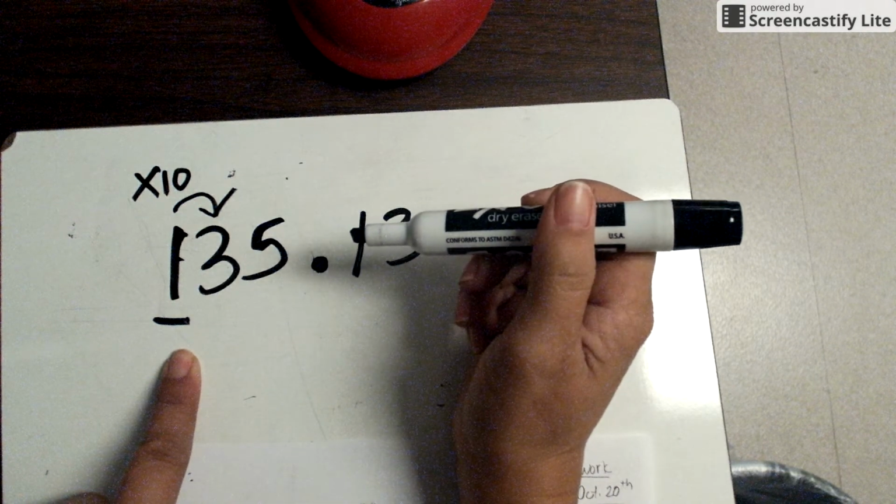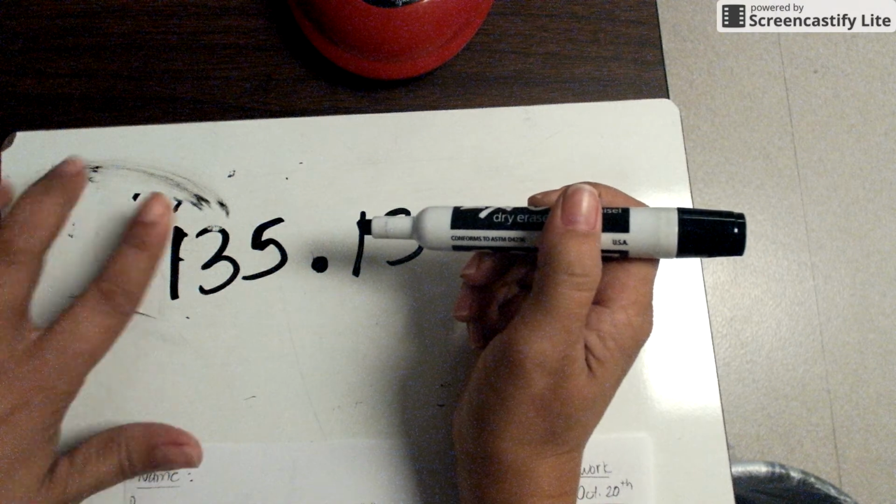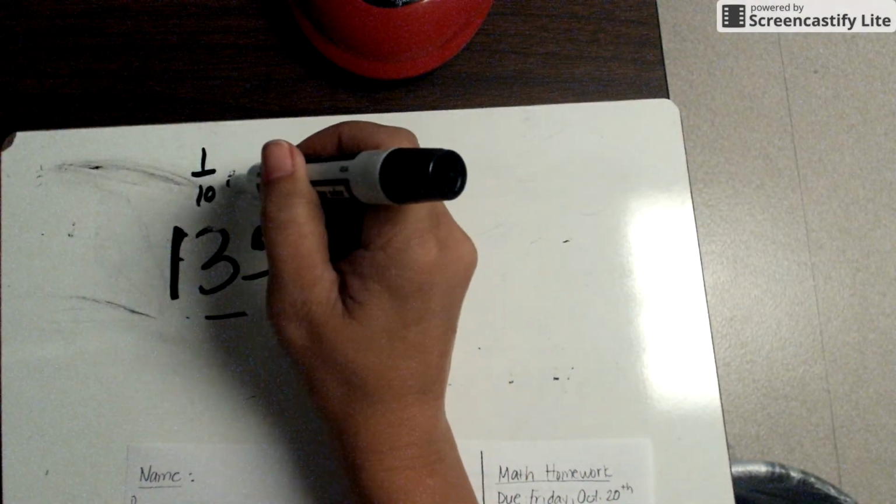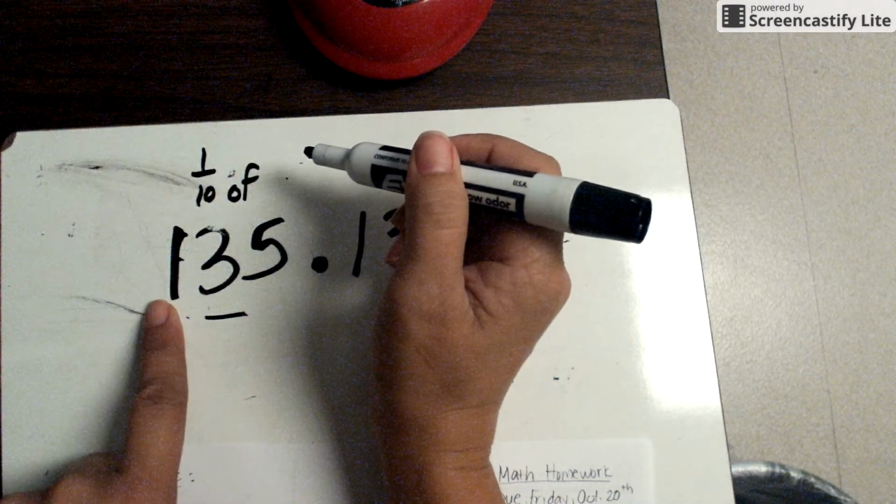It also tells us that any place value position on the right is always 1/10 of the position to its left.